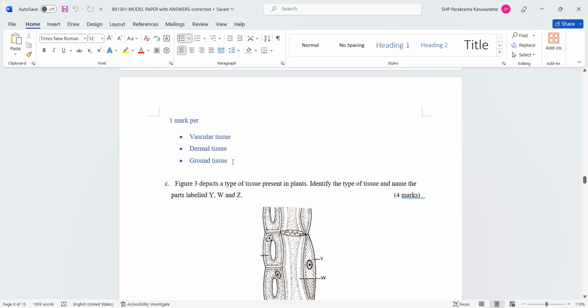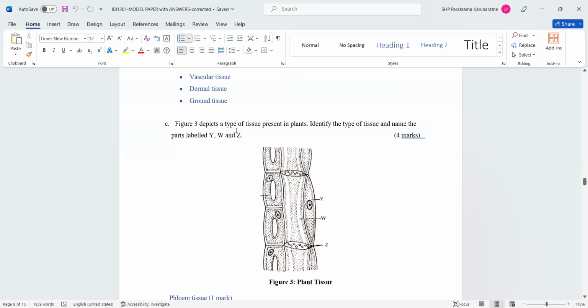Ground tissue can do photosynthesis or food storage, or it can give support to a certain extent, and it can give protection also. So there is no single definitive function, but it has multiple functions. Remember, for ground tissue, photosynthesis, food storage, support or protection, all these things can happen.